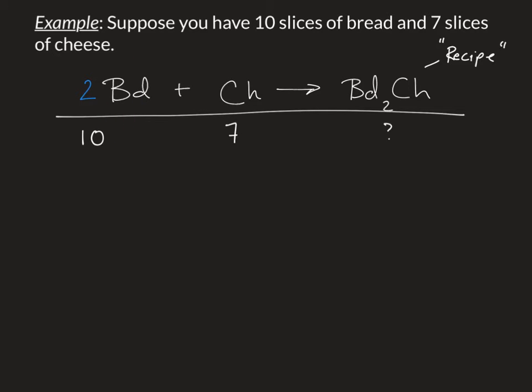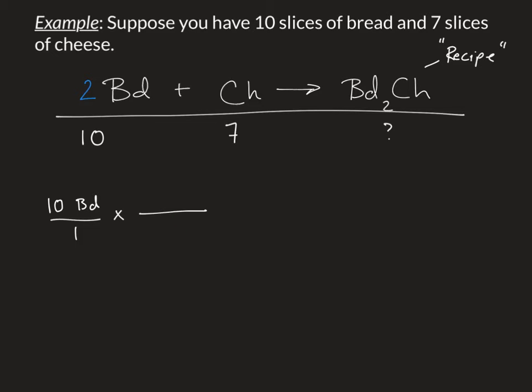What we're given in this reaction is 10 slices of bread. So I'm going to write 10 BD for bread, and then I'm going to put that over 1. Then we have to use the chemical equation, or the recipe, to fill in this area.